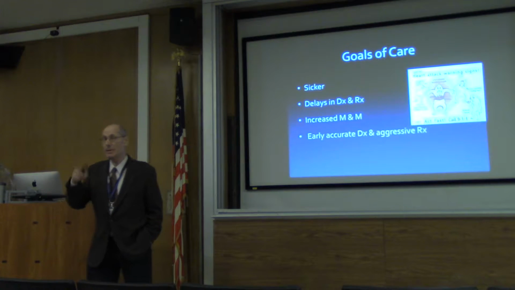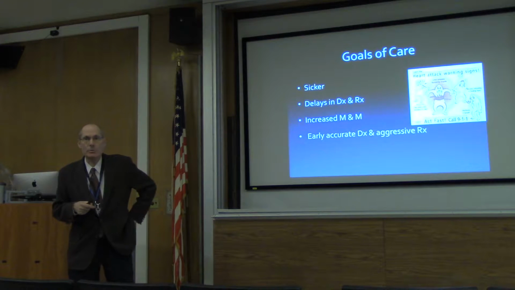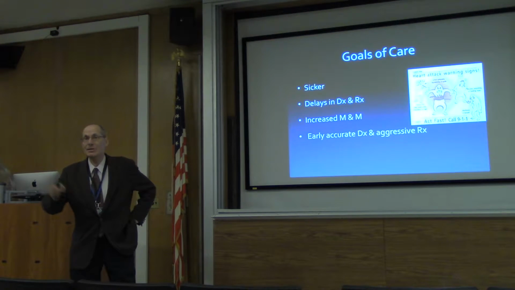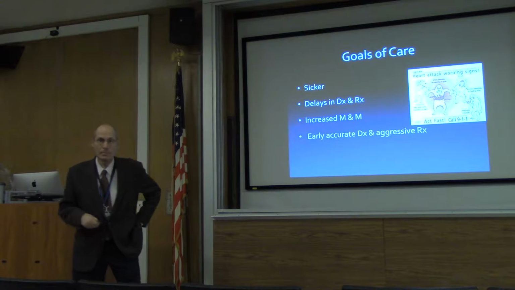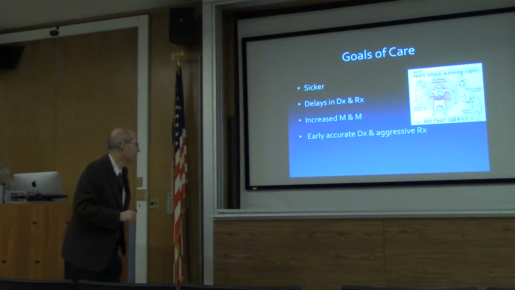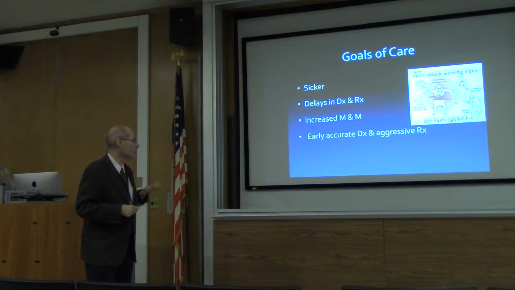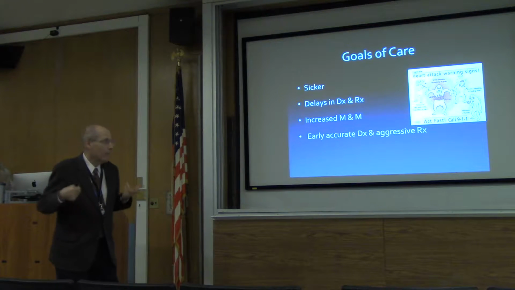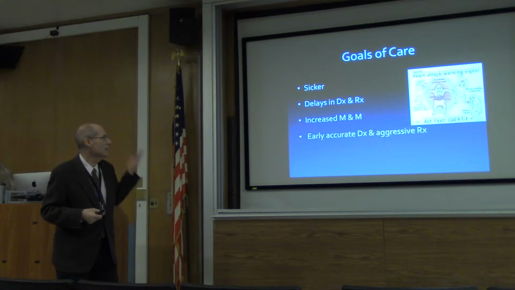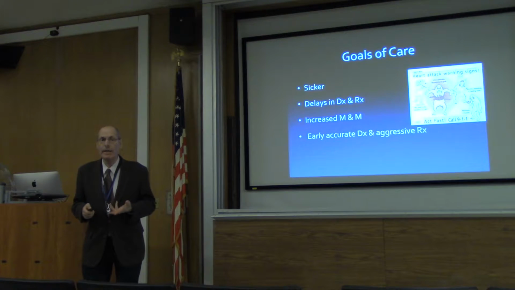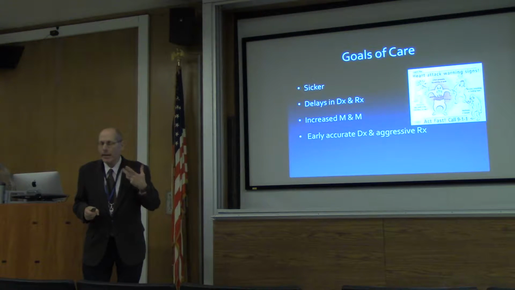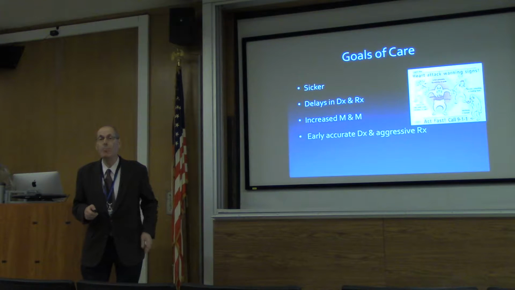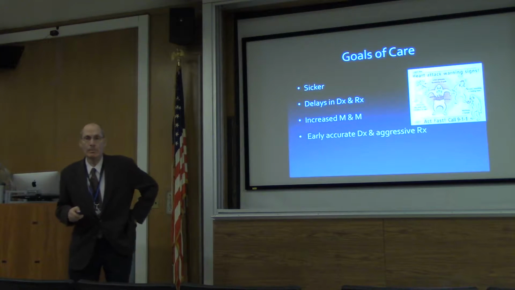And in this particular study, about 25% of the patients who died were felt to be salvageable if they had been diagnosed better and were treated more aggressively, particularly with reperfusion. Okay? So, very important, even though they have increased M&M, a lot of them are salvageable. So early accurate diagnosis and aggressive treatment is important in them, actually probably more important than it is in younger people.